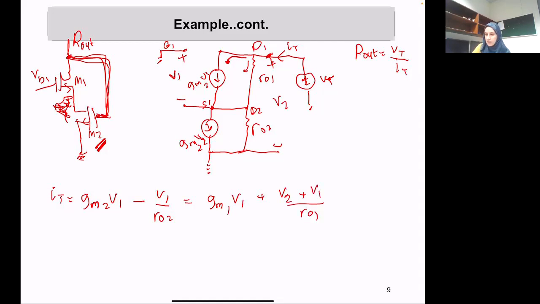So why all this is basically, we are trying to write KCL at these points in order to find how much current is going through that. And then we are simplifying it in order to get the ratio of V test over I test.